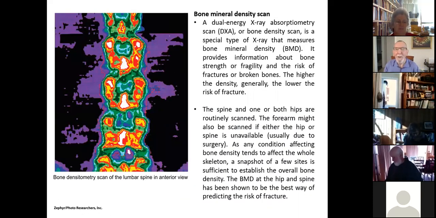Now here we have a bone densitometry scan and bone mineral scan. Bone densitometry is really quite interesting because you can see in this how good the quality of the bone is. Now this one is false coloured, and I freely confess that I don't fully know how to interpret bone density scans, particularly when they're coloured.